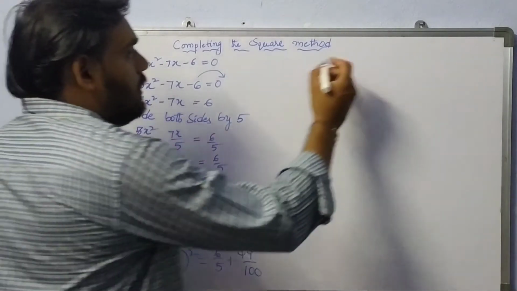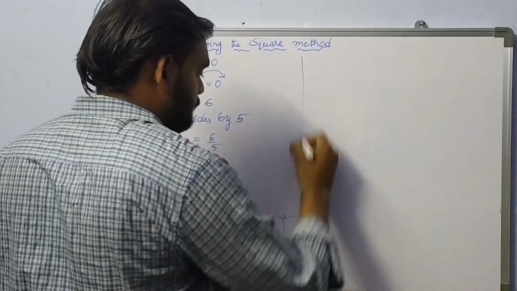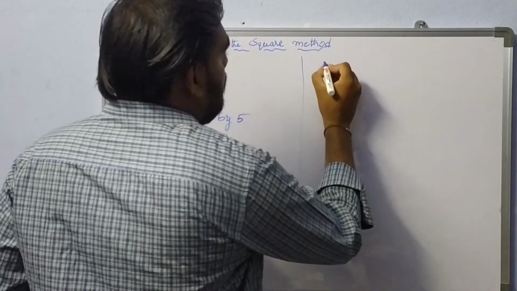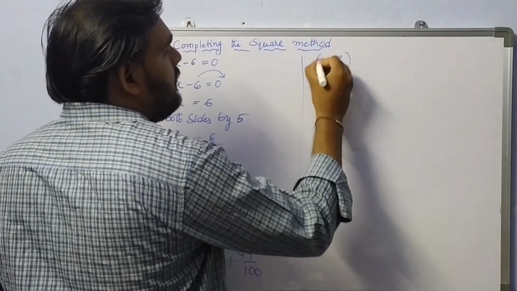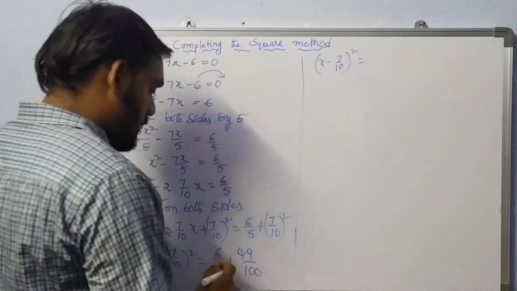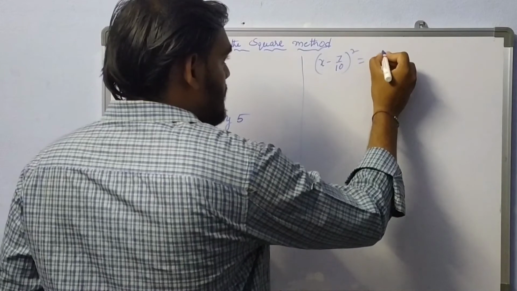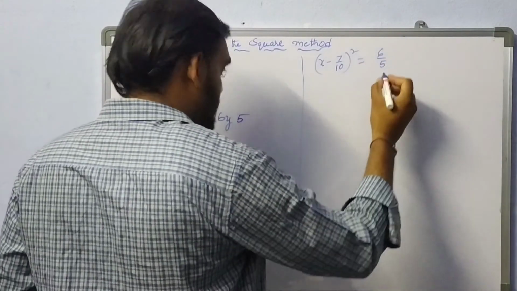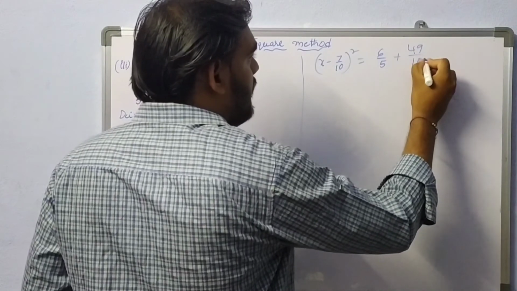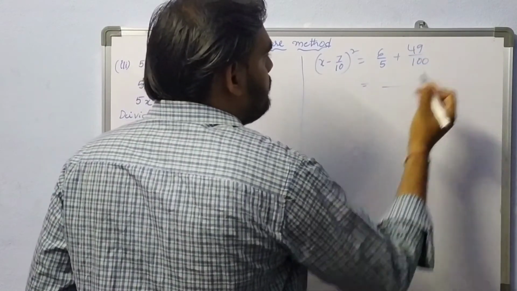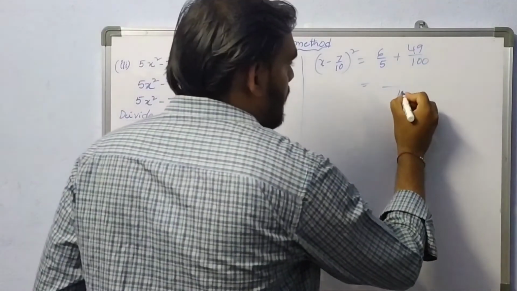Now here we will write x minus 7 by 10 whole square is equal to, take LCM, 6 by 5 plus 49 by 100. So when you take the LCM, it is 100.